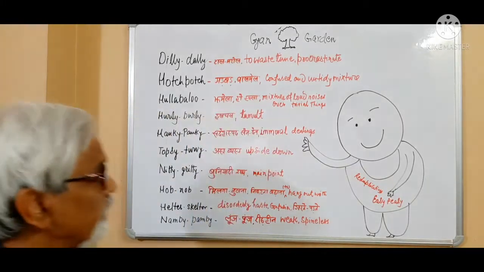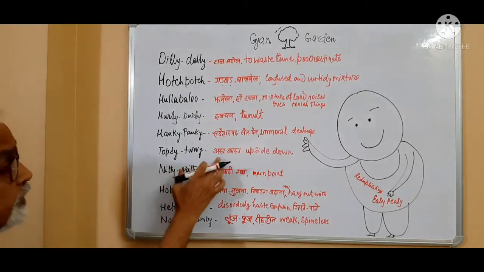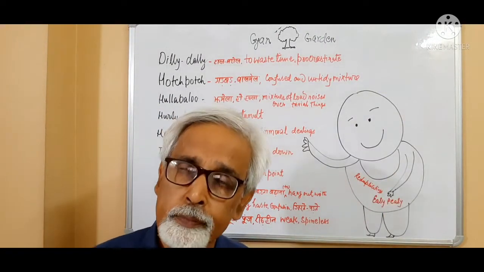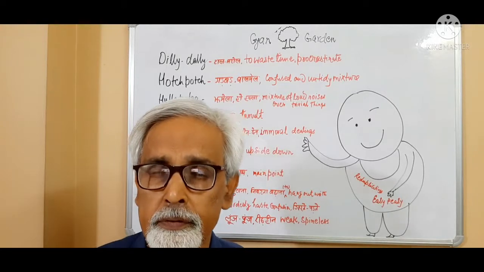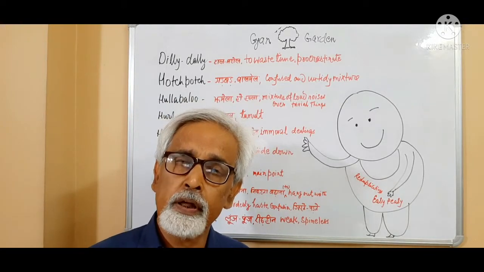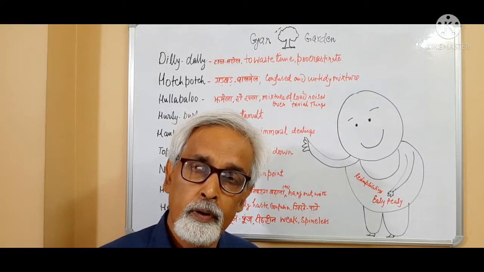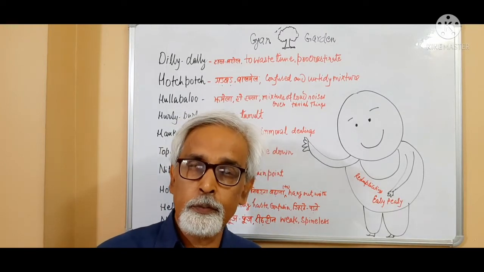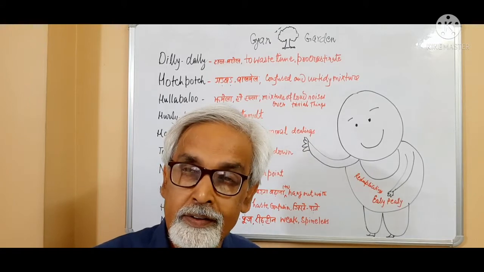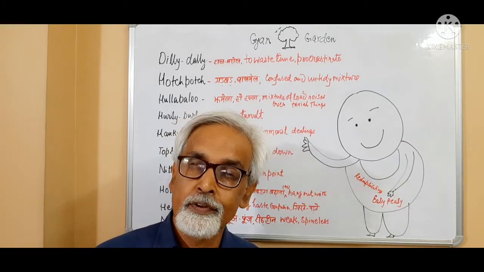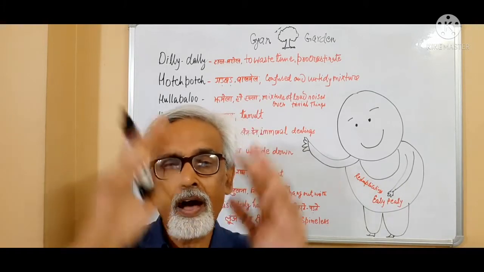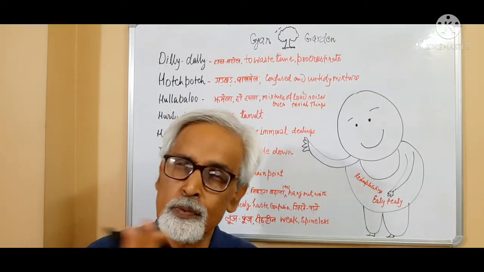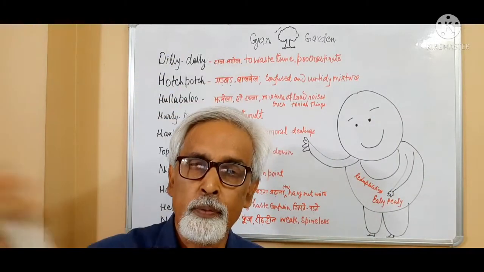Clear? Now the next word, topsy-turvy. Suppose you have thrown a party, okay, a feast, a banquet, okay, for say 100 people, 100 guests only, and suddenly 200 guests arrive. What happens? Entire plan goes topsy-turvy, ulta-pulta, upside down.